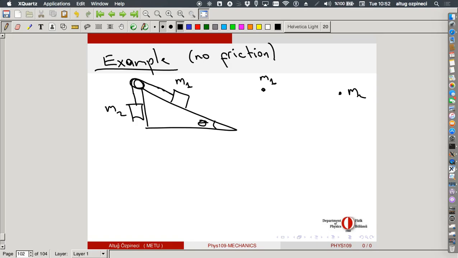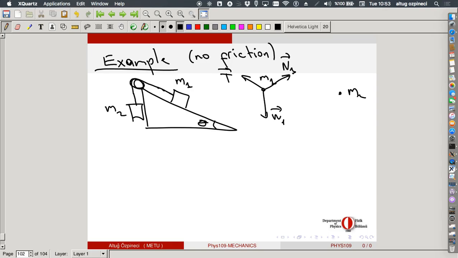Now, what are the forces acting on m1 and m2? Let's start with m1. Okay, there is the weight, let's call it omega 1. There is the tension force, and there is the normal force.